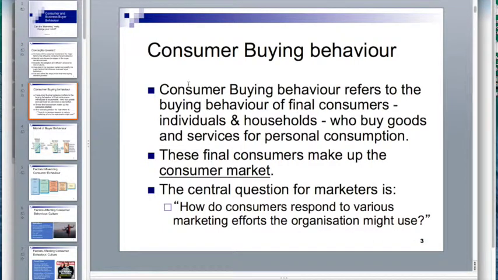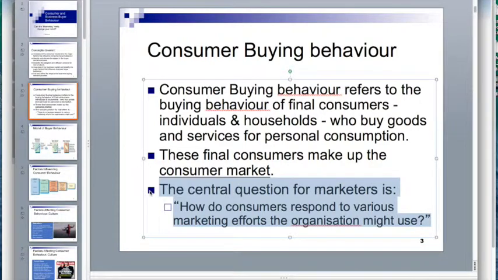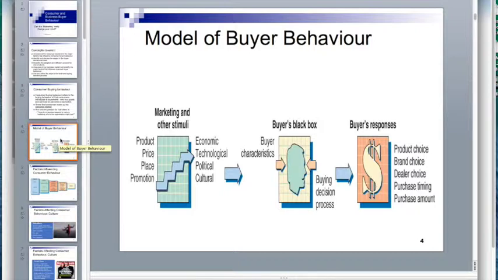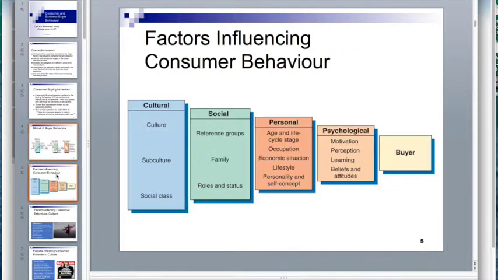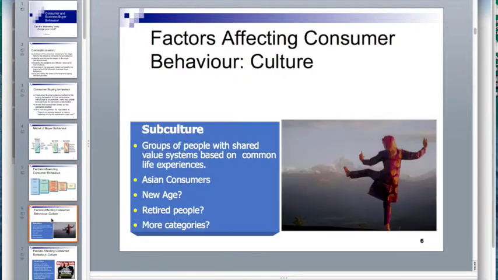Here we have an overview and some academic guidance on consumer buying behaviour and what they make up, and a very important question for marketeers. Here is the academic model, which we'll be covering, or maybe have covered, during the session, and the influencing factors, just to recap, and look at the area looking at subculture.